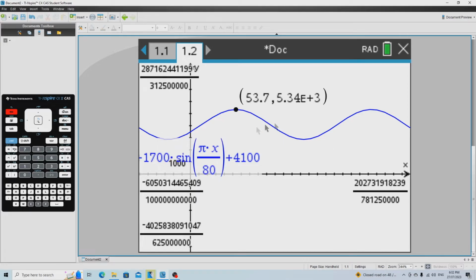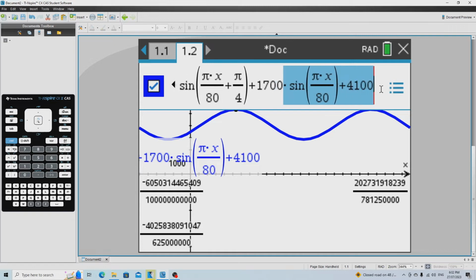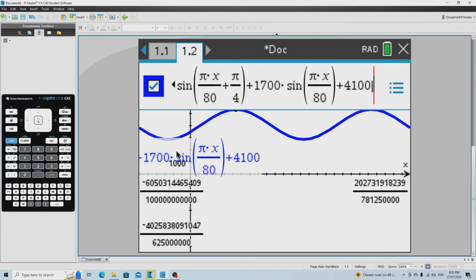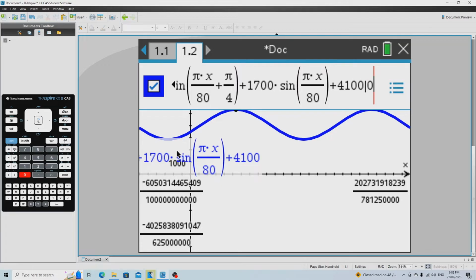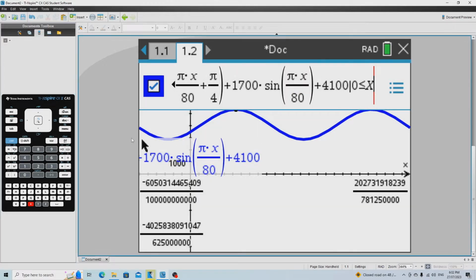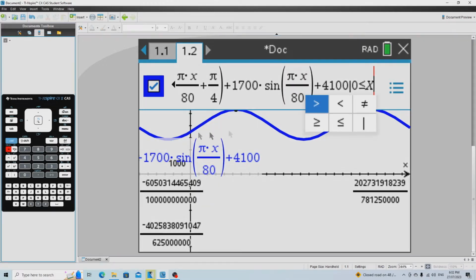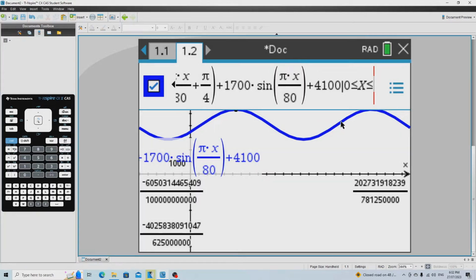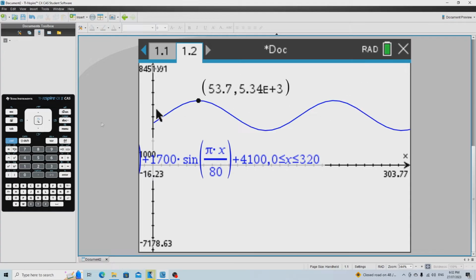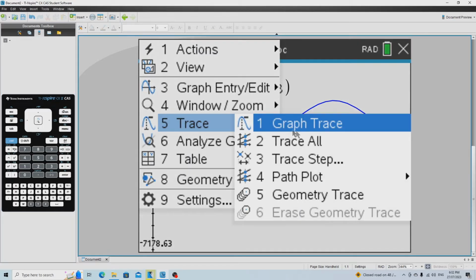So we want to say 0 less than or equal to x, less than or equal to 320. Now we only get two maximum picks, but which one would they be? Let's just have a look.